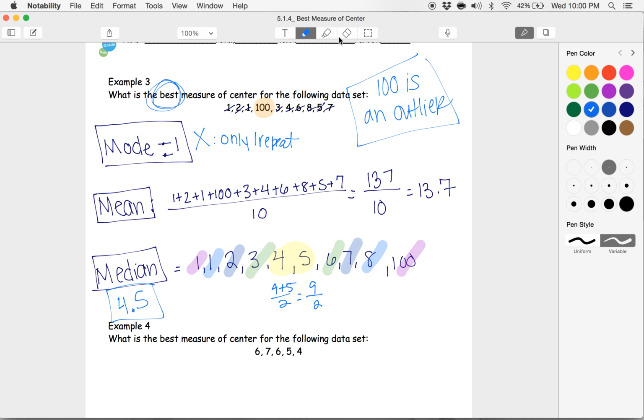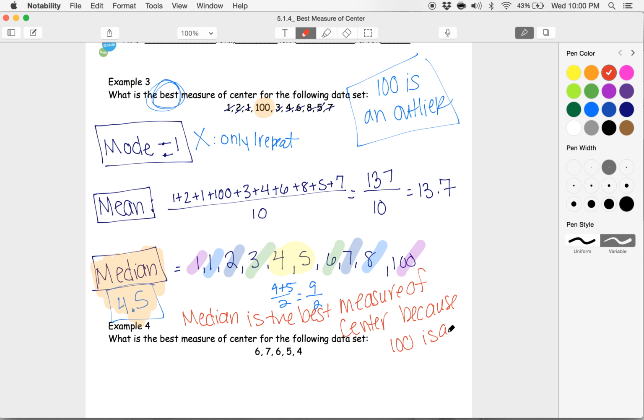So that means that median is going to be our best measure of center, because 100 is an outlier.